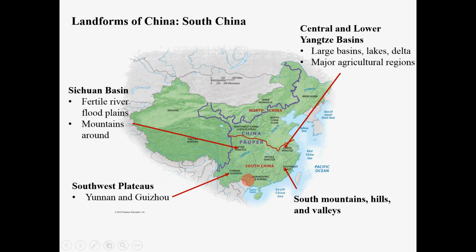Here you have a relatively long river, the Xijiang River, forming an important agricultural region in South China. Southwest Plateau is here. You have the Yunnan and Guizhou plateaus.